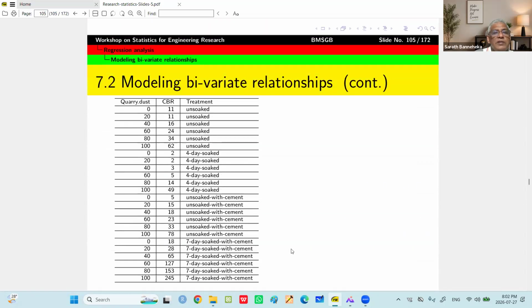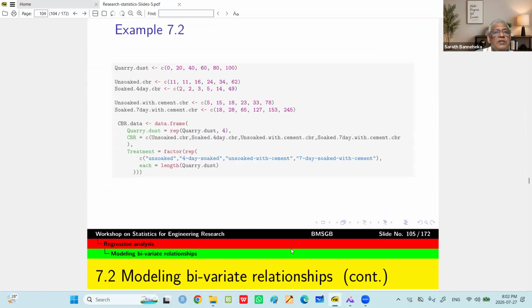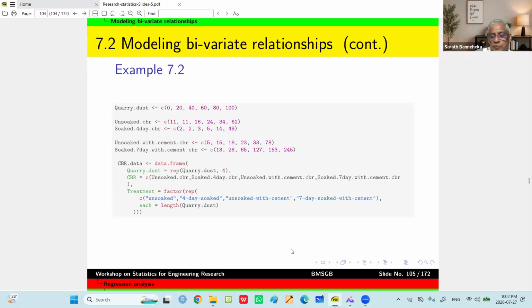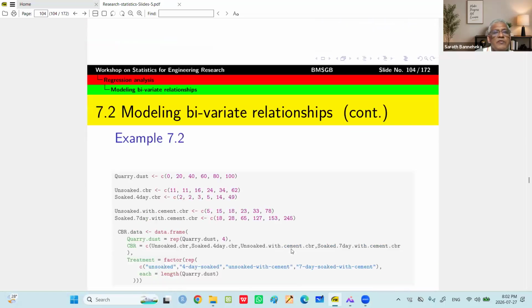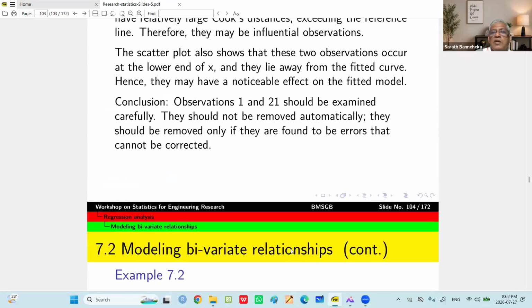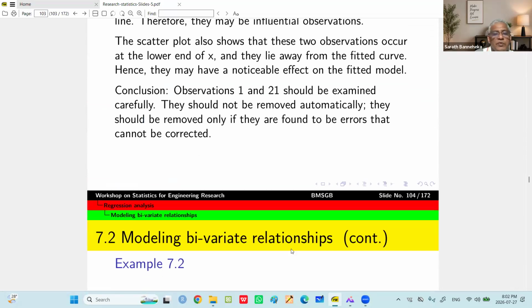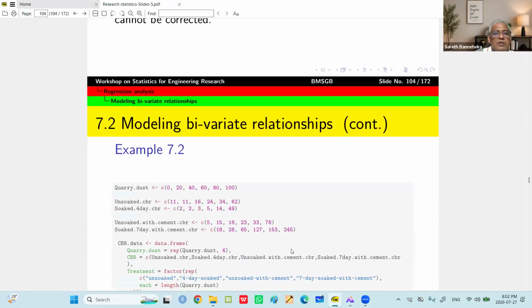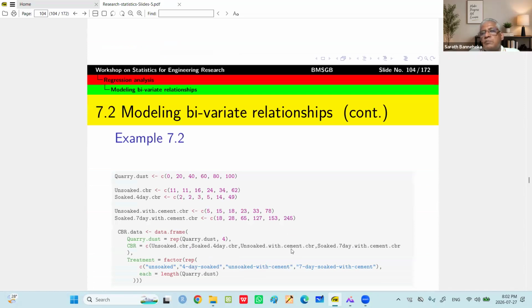Now we are looking at a different example in this one. The previous example is over after looking at Cook's distance and coming to decisions with that one. But remember, even though Cook's distance and leverage values are very rarely used, the normality test of the residuals and other residual analysis are very, very important.